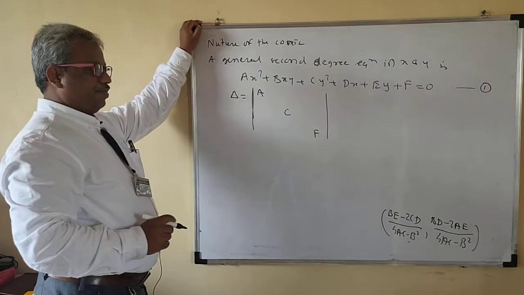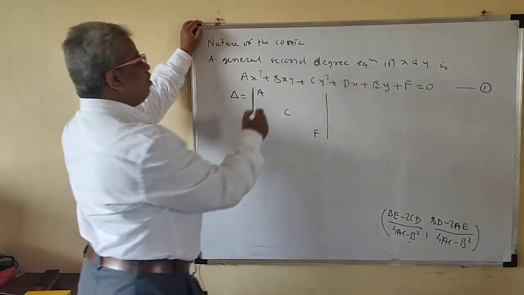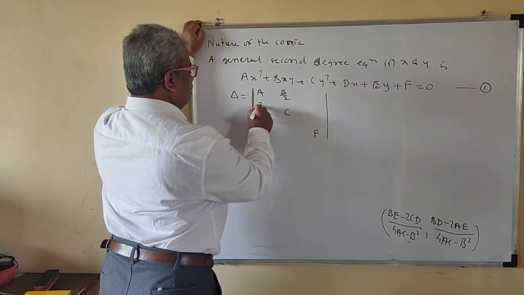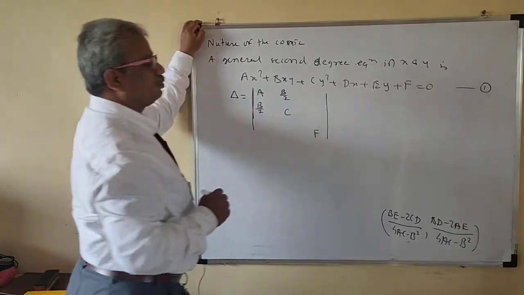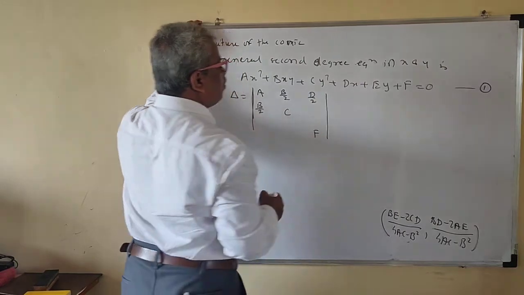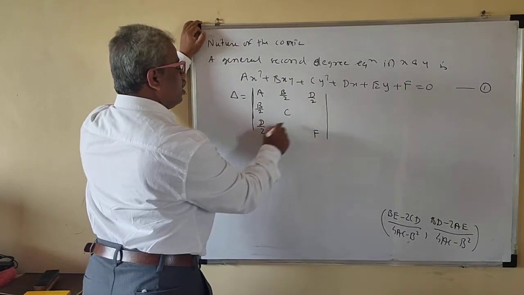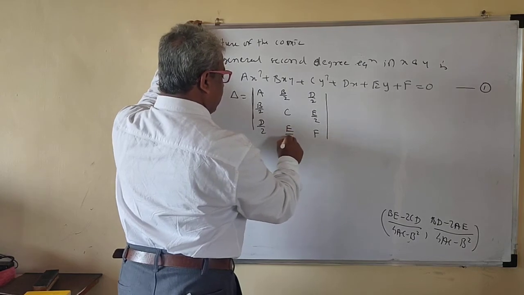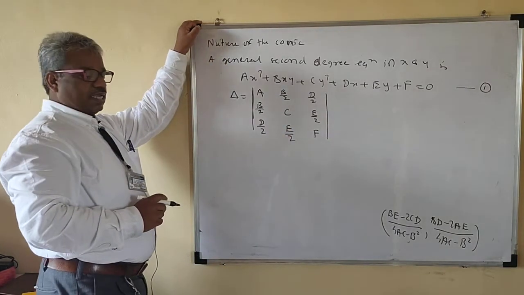This is f, constant. Now here, twice a. Here h, this is b by 2. Right. So this is d by 2, coefficient of x. Here coefficient of y, this is e by 2. Okay. So delta is equal to this.